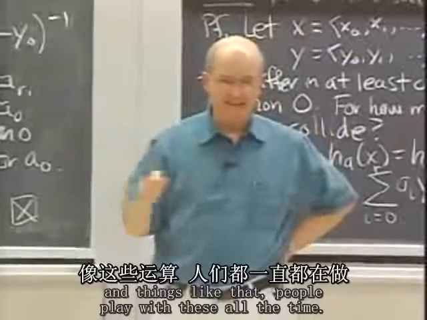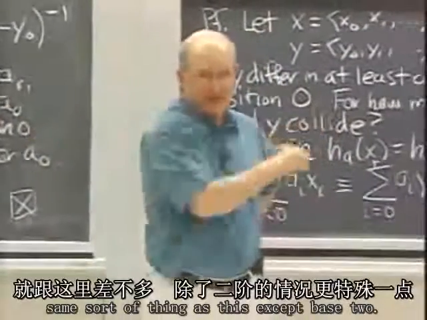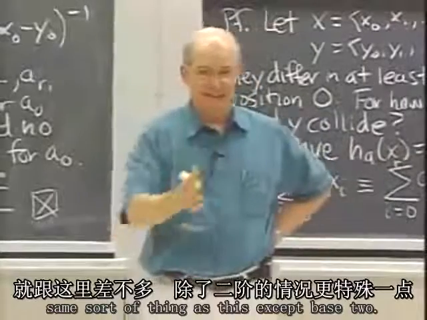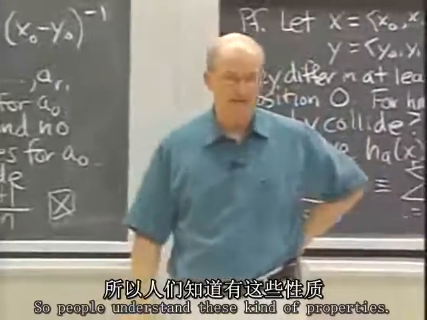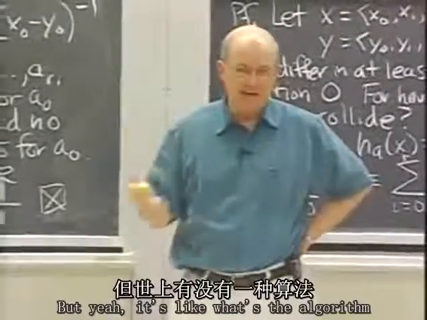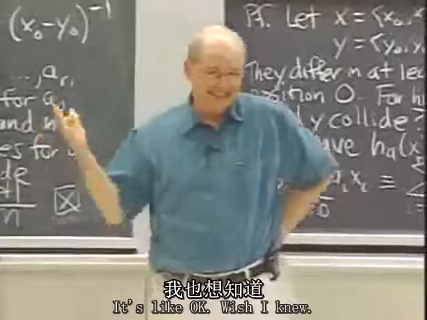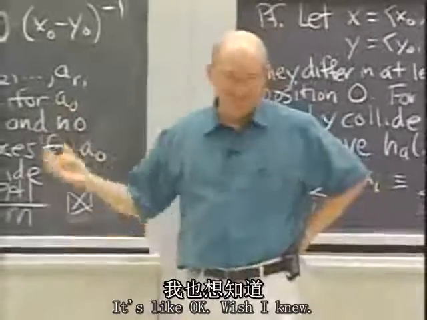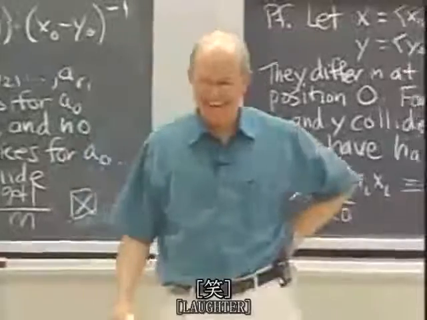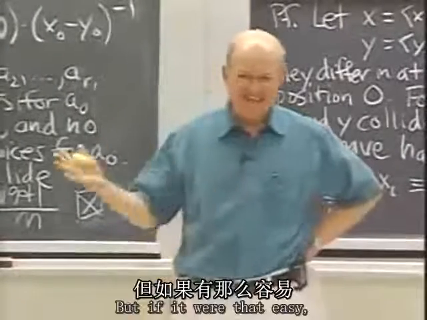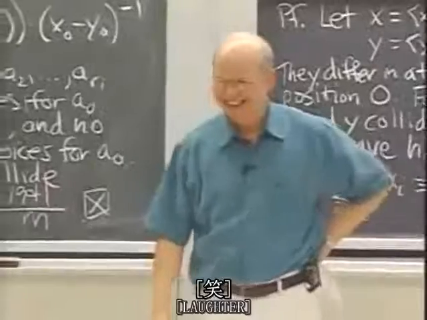Galois fields are like using XORs, the same sort of thing as this, except base 2. So there's a lot of study of this sort of thing, so people understand these kinds of properties. But no, it's like, what's the algorithm for having a brilliant insight into algorithms? I wish I knew, and then I'd just turn the crank. But if it were that easy, I wouldn't be standing up here today.